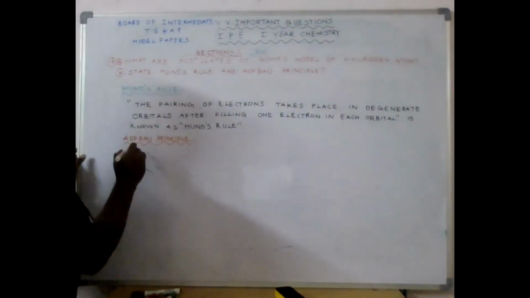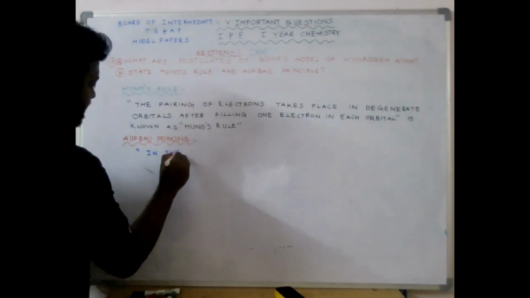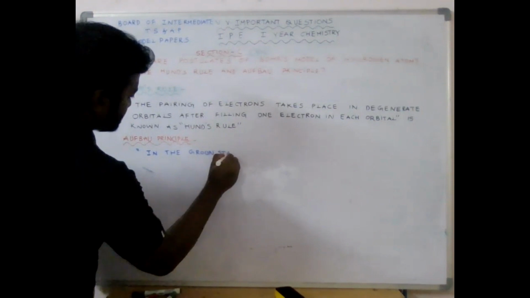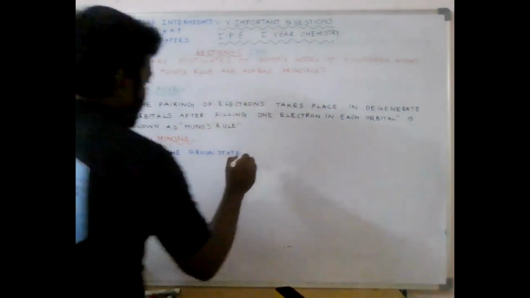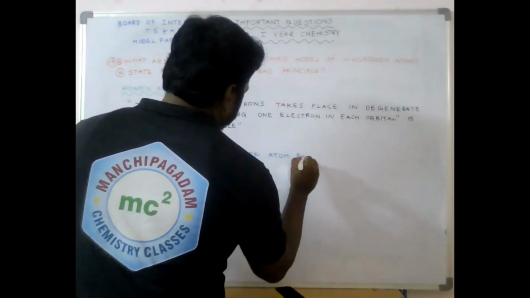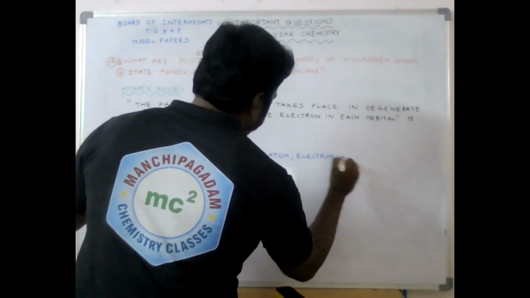So what we can write is, in the ground state of atom, electrons are filled.